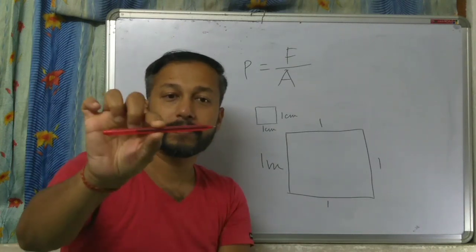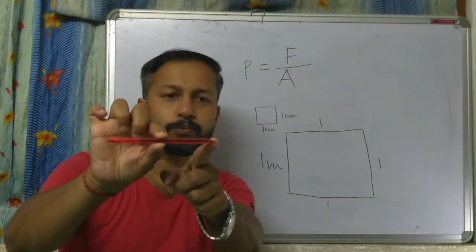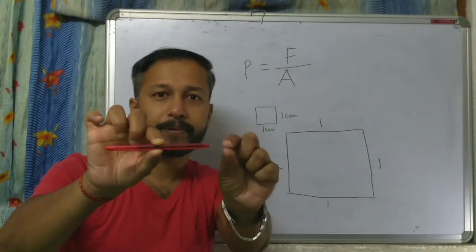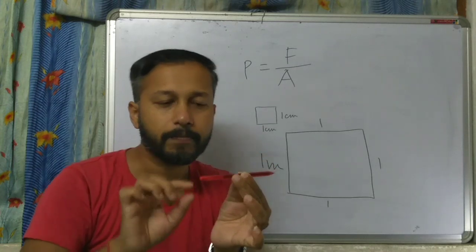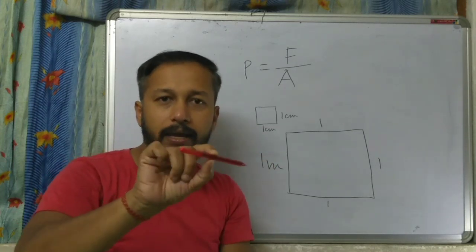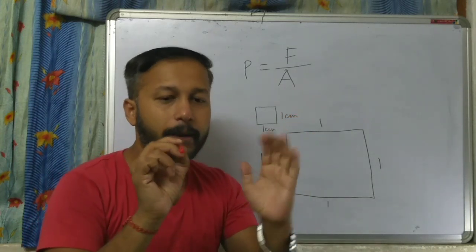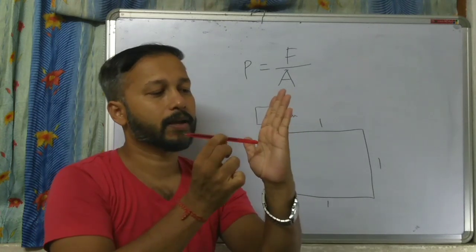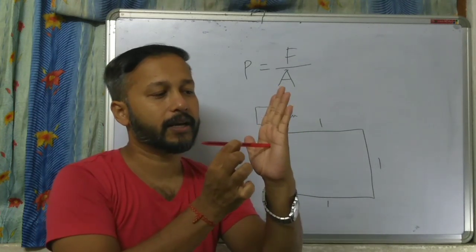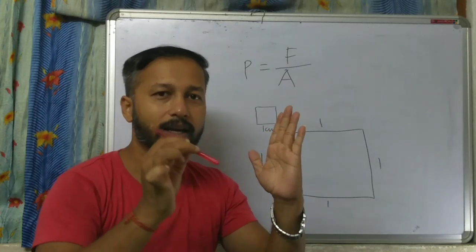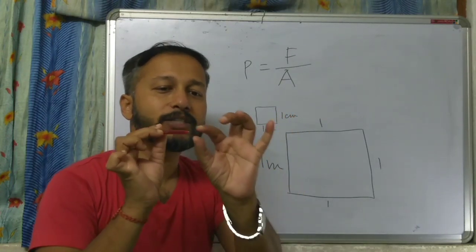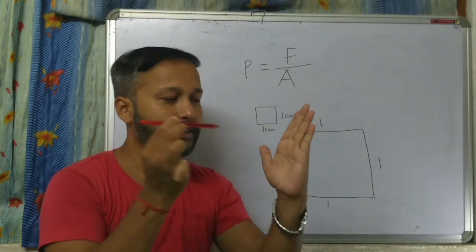If you can see this pen, it is pointed, means so sharp it is, but this portion it's not so sharp. Now I will apply pressure by this side. This is the pressure I am applying. Now by this point I will apply pressure.